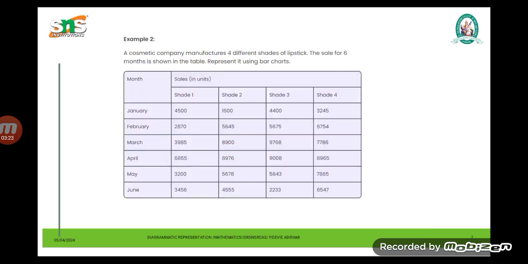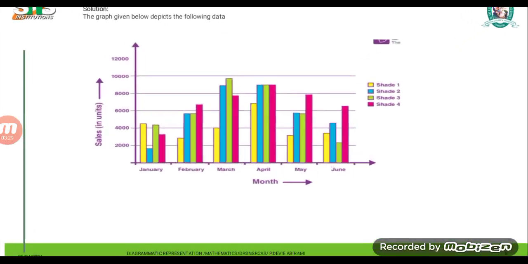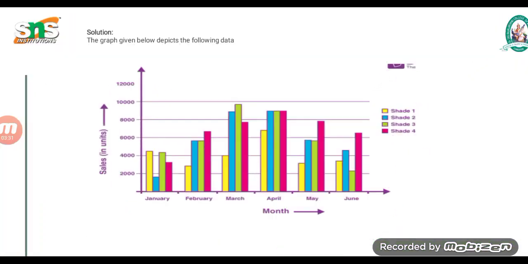My second problem consists of a multiple diagram. That is, for a single month we will have many data. For example, in January we have 4 shades of lipsticks, so I have represented them in different colors to differentiate the shades. My yellow color is shade 1, blue color is shade 2, green color is shade 3 and pink color is shade 4.